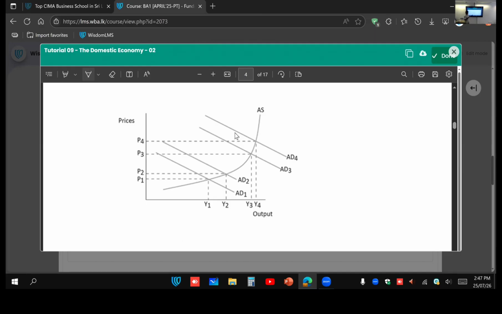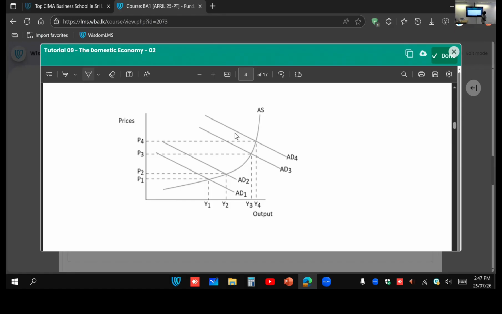Consider a point, the initial equilibrium at P1, Y1. P1 and Y1 is the equilibrium point here. So imagine what happens if, because of some reason, aggregate demand increases or decreases.